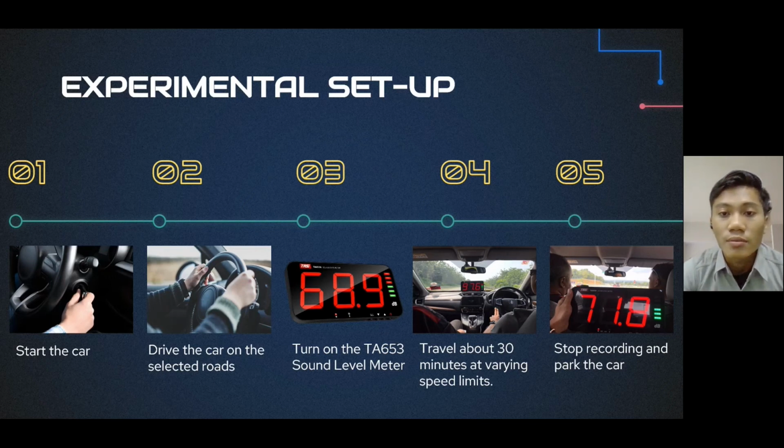The recording button will record every 2 seconds. Lastly, after about 20 or 30 minutes, stop the recording and park the car. And the data will automatically be saved in the device.